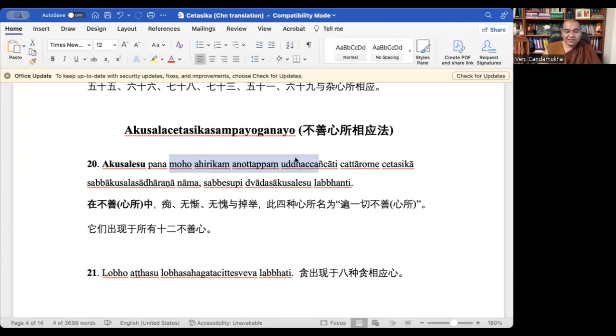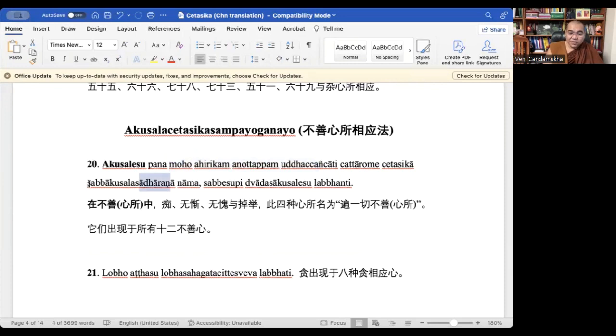These are unwholesome Cetasika, associated with all types of Akusala. These four Cetasikas are called Sabba Akusala Sadharana, common to all Akusala. These four unwholesome mental concomitants are common to all types of Akusala Citta.